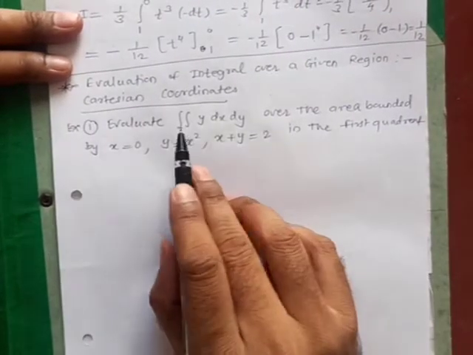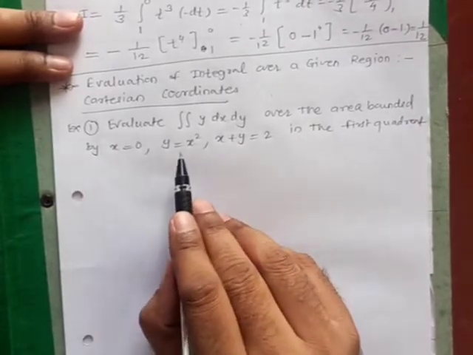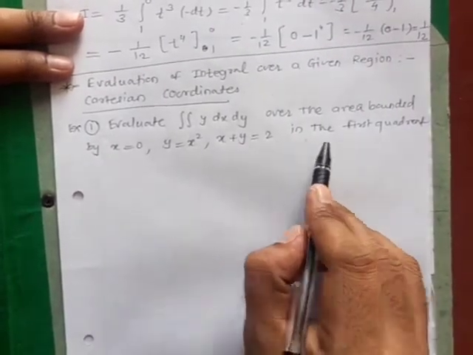This is the question. We have to evaluate this integration over the area bounded by x is equal to 0, y is equal to x square, x plus y equal to 2 in the first quadrant.